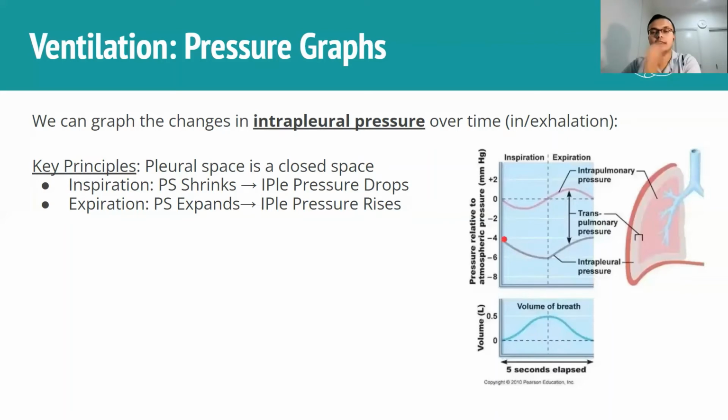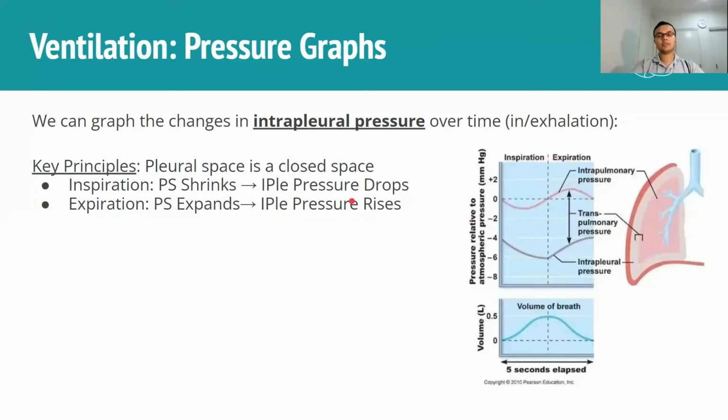So very importantly, your pleural pressure starts off as being negative, right? And then when you inspire or you breathe in, what happens is your lung expands. And as your lung expands, the space between the lung and the thoracic wall decreases. And in doing so, your pressure actually drops. So that's a bit different to our previous example.